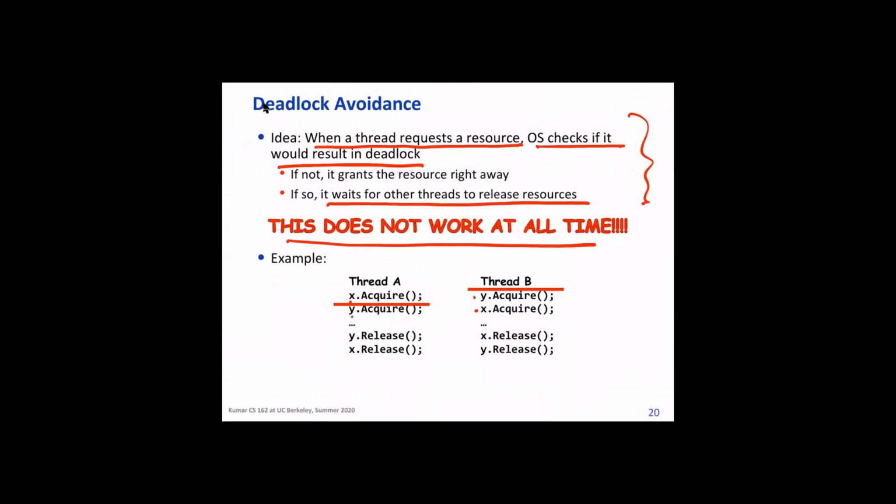Thread A has acquired lock X, lock Y is available, so thread B also acquired lock Y. Now at this point, it will execute this, and now this lock is held by B. As a result, this blocks and this also blocks. And then we know that it's too late to take a decision now.